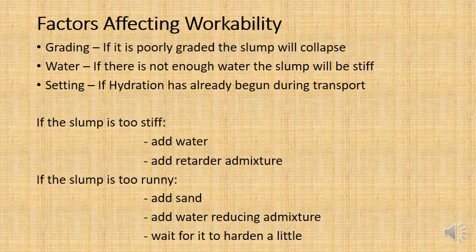If you don't have enough water in the concrete mixture, the slump will be stiff. Likewise, if you have too much water, the slump will be too runny. And so you've got to get the right balance to have the right slump that you need, depending on what the concrete's being used for. Now that is pretty clear. More water makes it runnier, less water makes it stiffer, just like baking a cake.